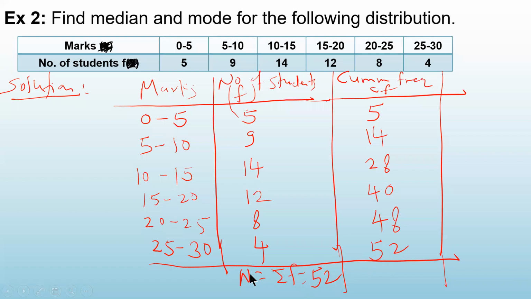What is my third step? Because I'm calculating median, and median divides the data into 2 parts, that's the reason we will divide N by 2. So find N by 2.